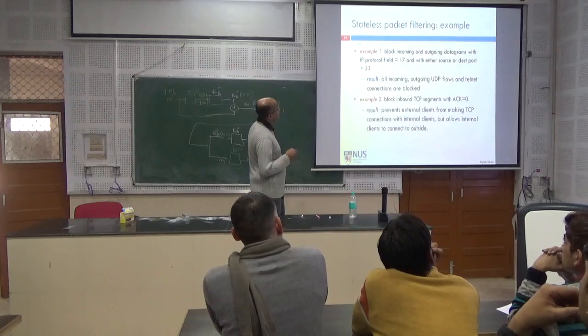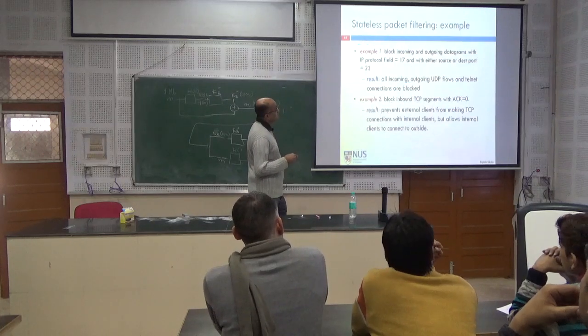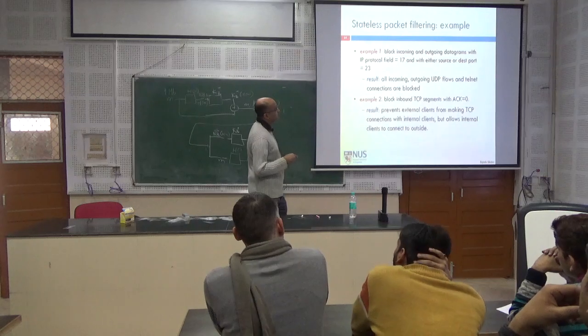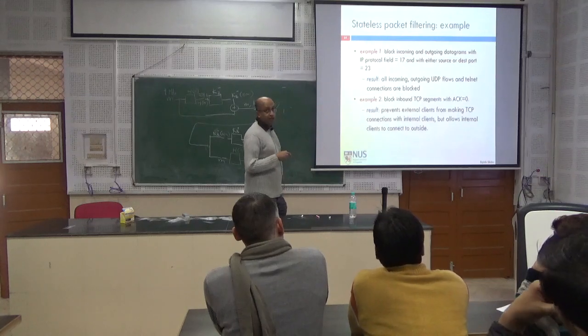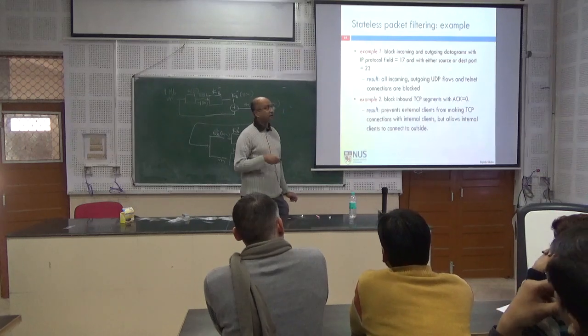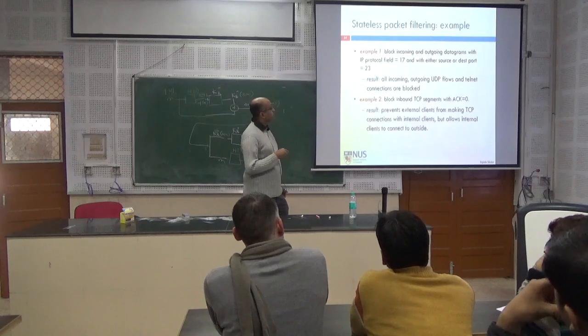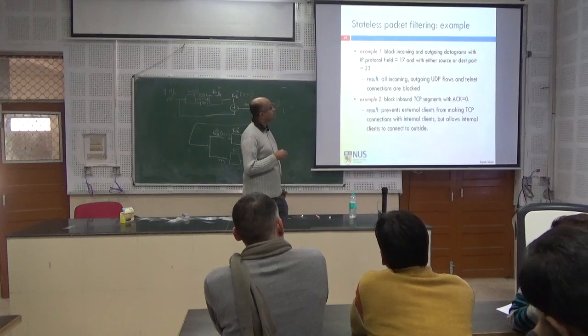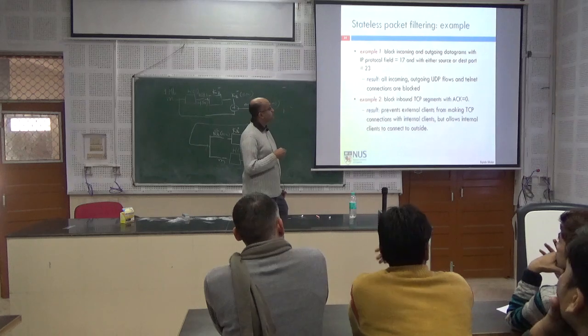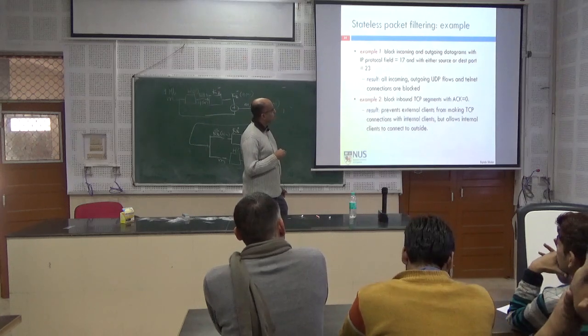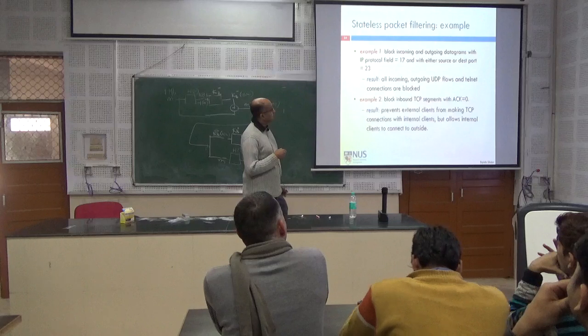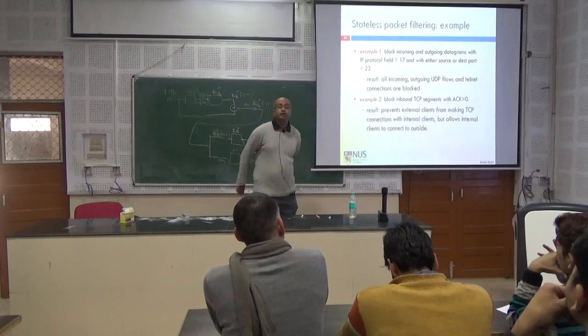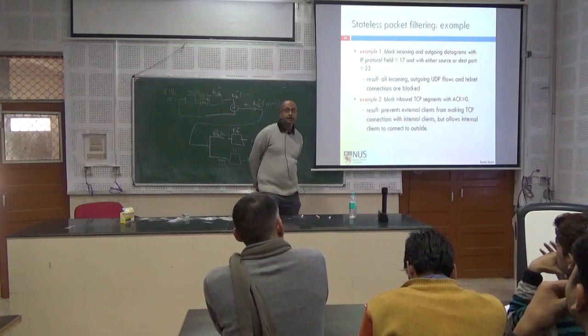If I have a rule that says any packet that comes in, and I'm looking at the header of the IP packet, if the IP protocol field is 17 and either the source port is 23 or the destination port is 23, then block it. I could have a rule like that.